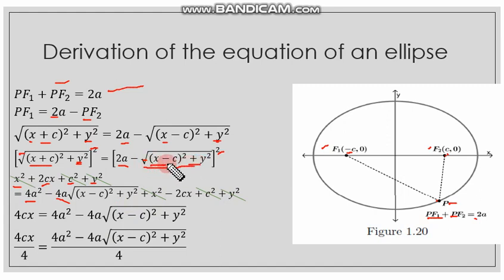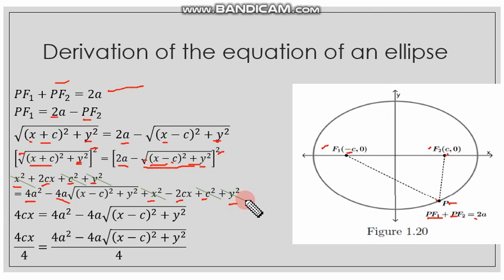Let's expand (x minus c) squared. That's x squared minus 2cx plus c squared, and lastly, the y squared.